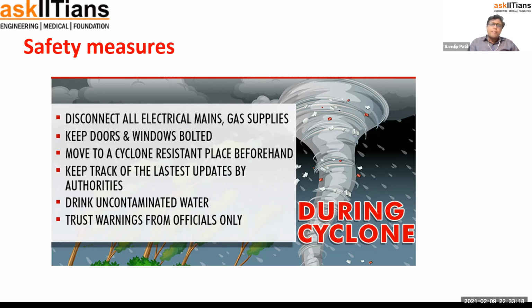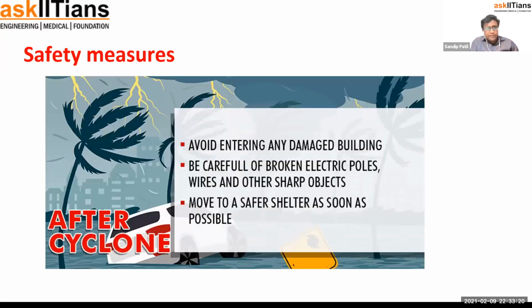Okay, simple. Then after cyclone, now what to do when the cyclone is gone? Now we want to go to our home. Avoid entering any damaged building. This cyclone is going to do a lot of damage. A lot of loss of property will be there, not in lakhs, but in crores, we can say.